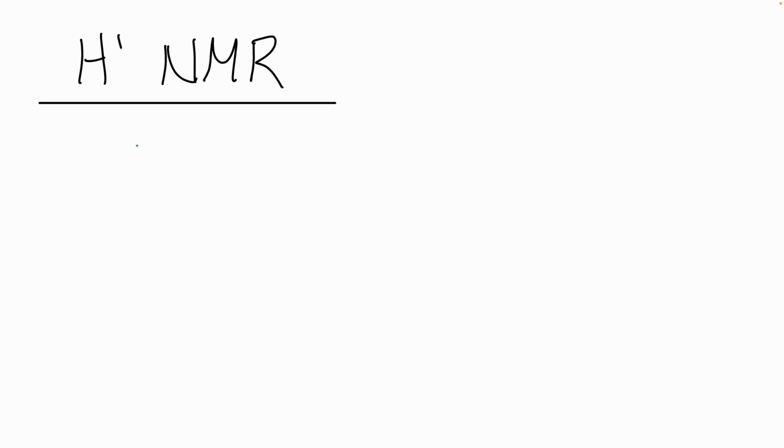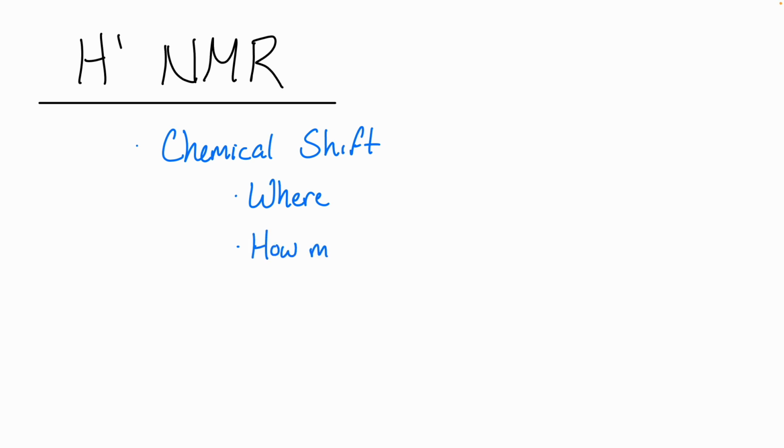And so for H1 NMR, you get the same pieces of information that you do from carbon-13 NMR. All right, you have your chemical shift, where it absorbs on the spectrum. Okay, again, from that, the 2 things that you note is where it absorbs, but even more importantly, how many peaks you have.